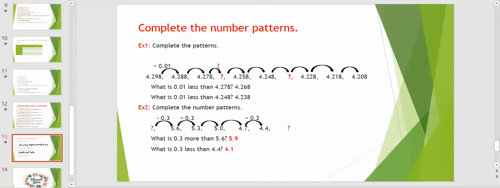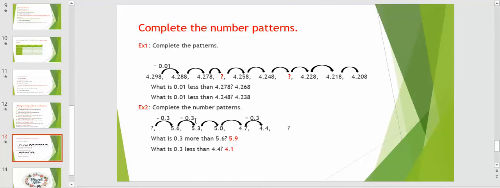So on the question mark here, we subtract: take 4.278 and subtract 0.01. You're going to see 4.268. And so on, this way also.